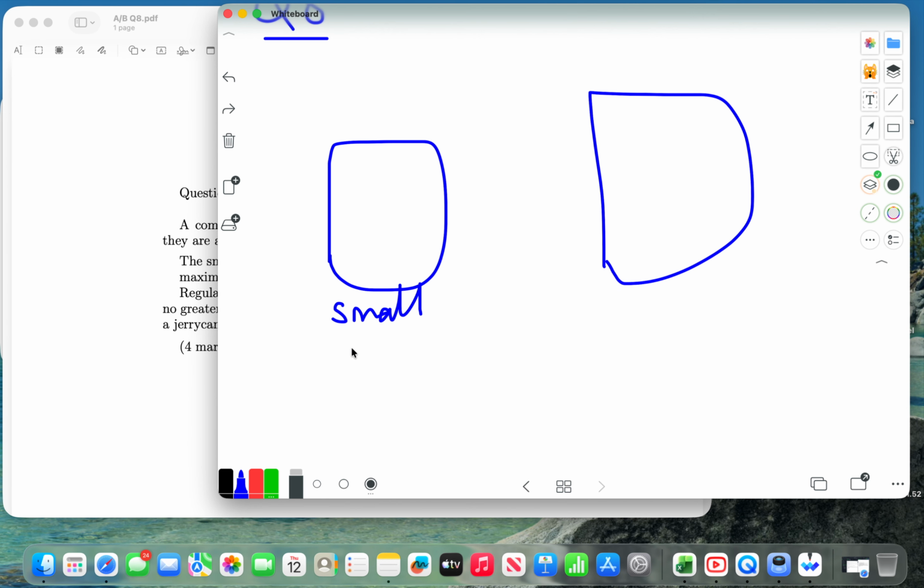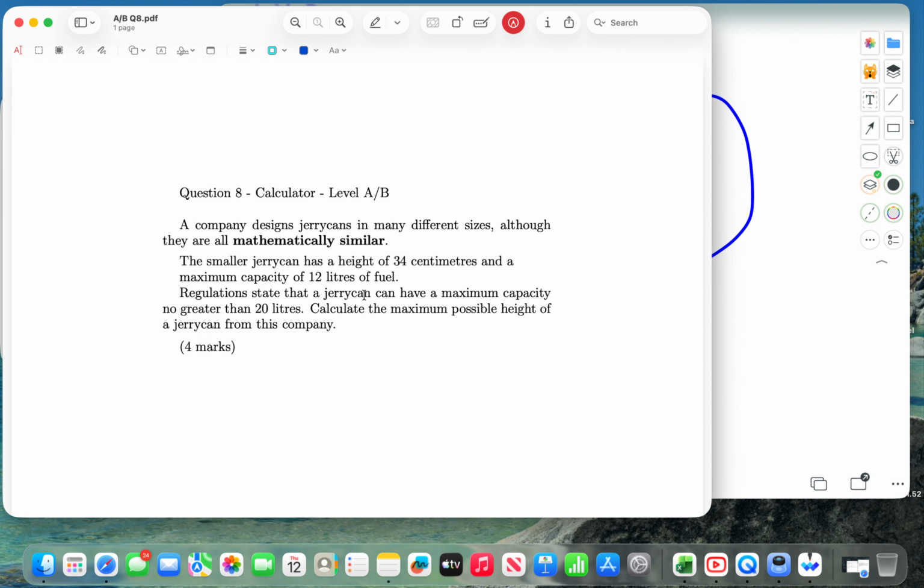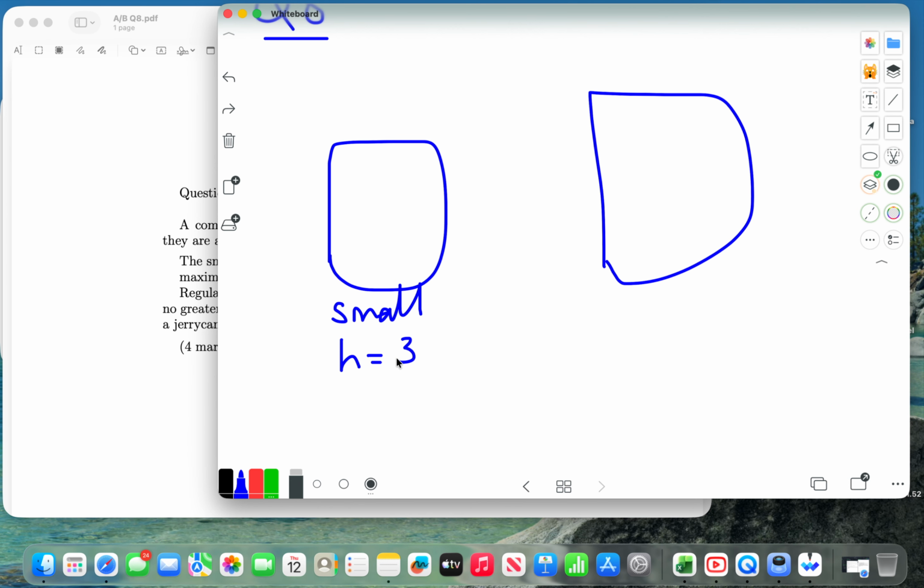so the small one has a height of 34 centimetres and a capacity, we'll call that V, of 12 litres.